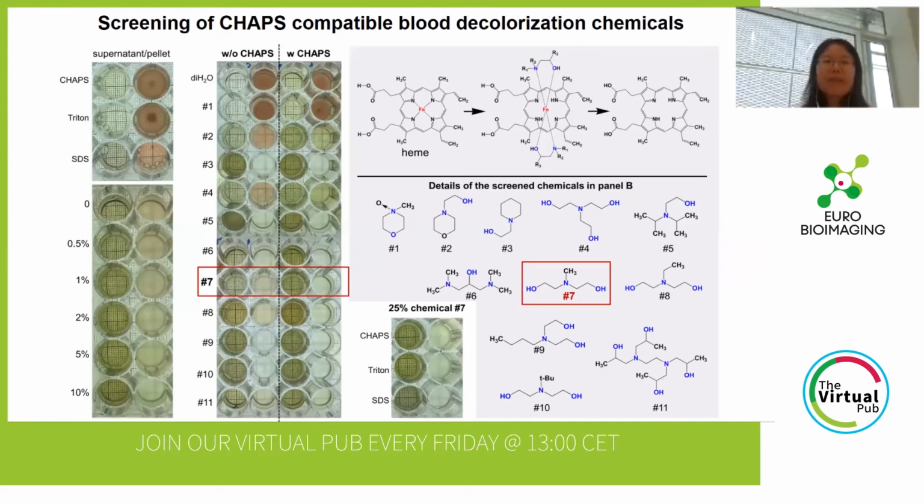Next, we want to address the problem of screening a SHAPS-compatible chemical for bladder decolorization. As I told you, human organs always carry blood, and it will impede tissue transparency. The red color of the bladder is from the heme structure.